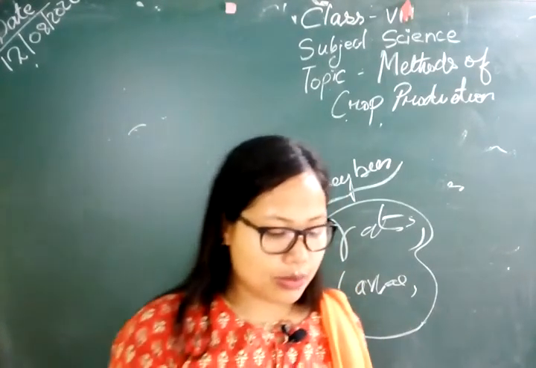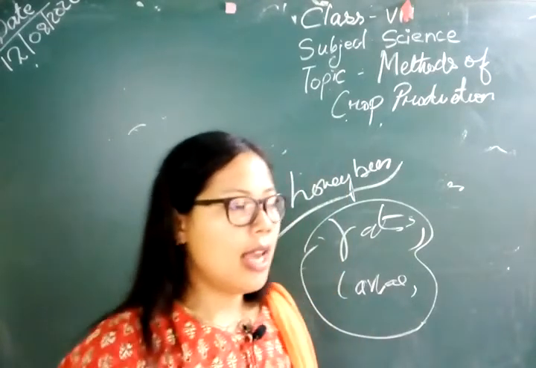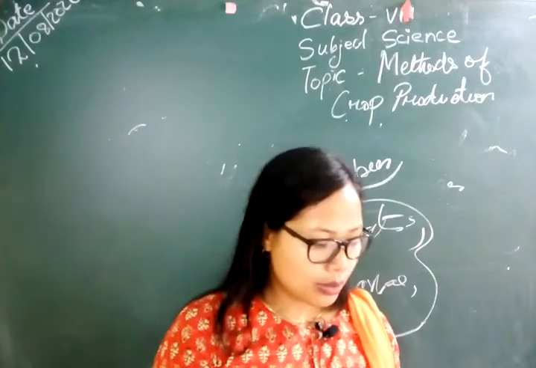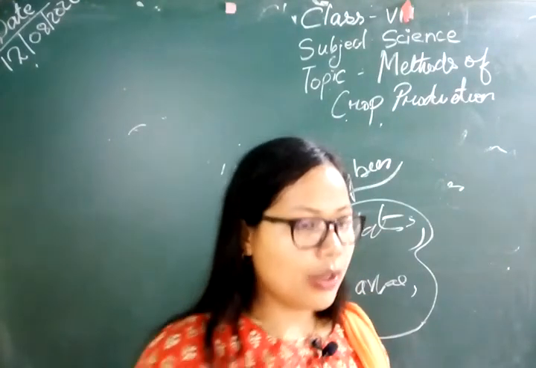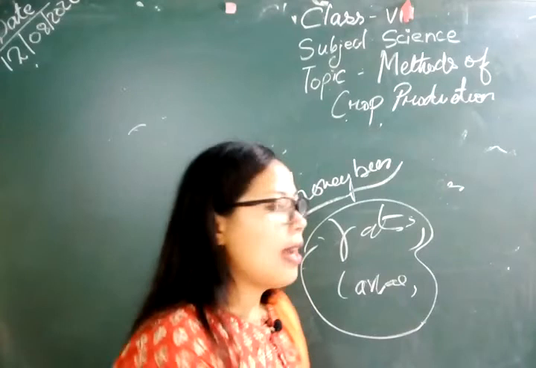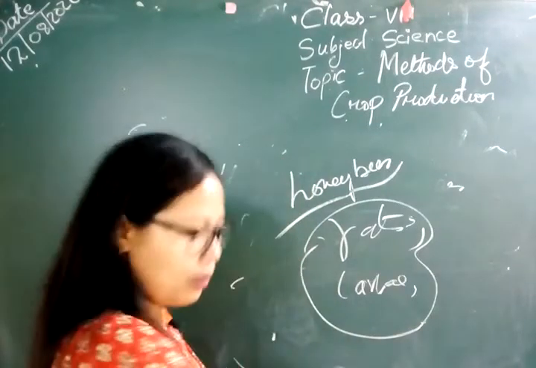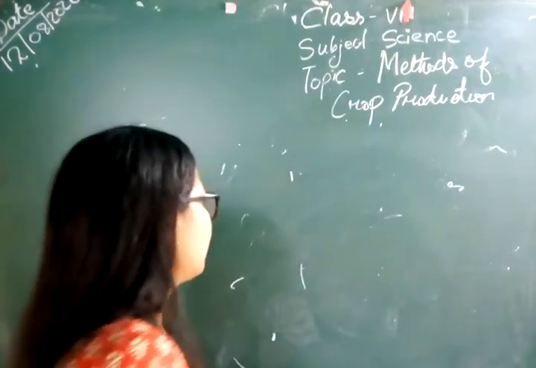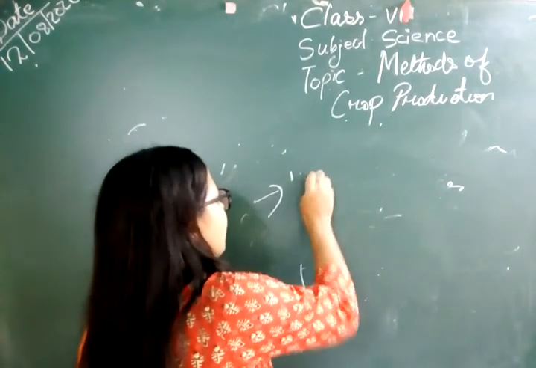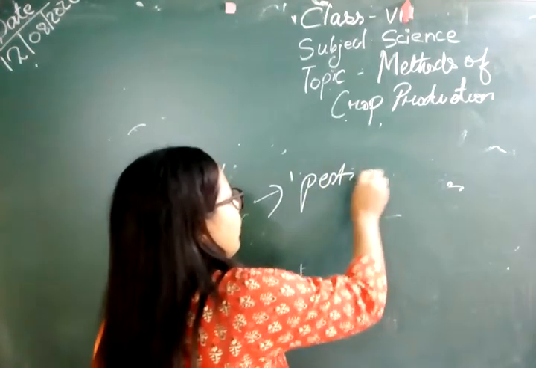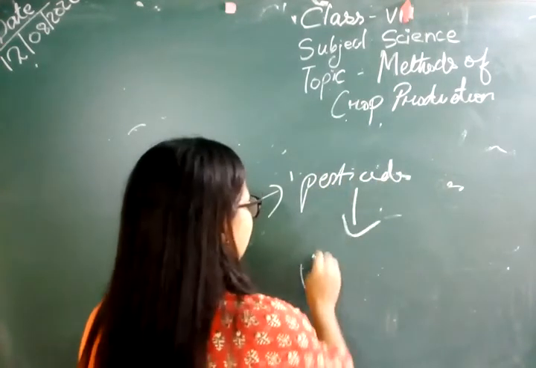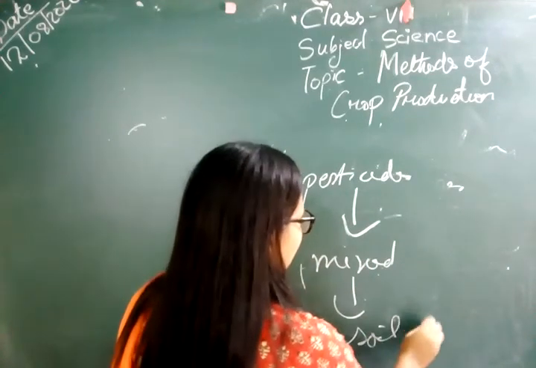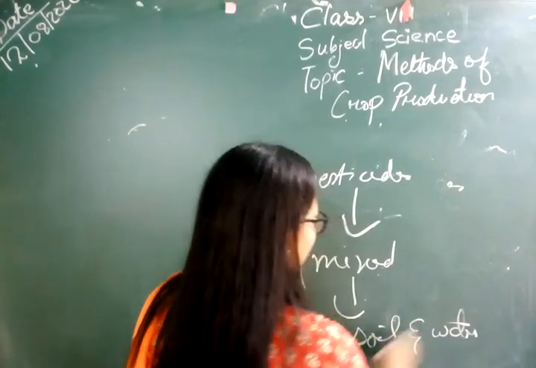Pesticides cause irritation of skin, and respiratory problems. And the next one is it mixes with the soil, and this is the worst thing. These pesticides get mixed with soil.